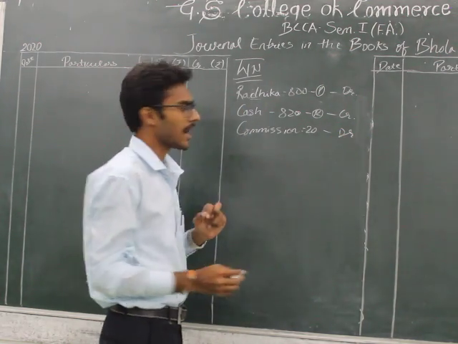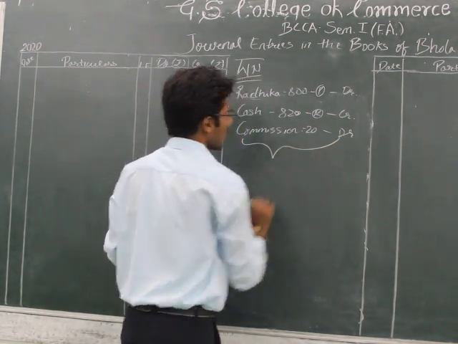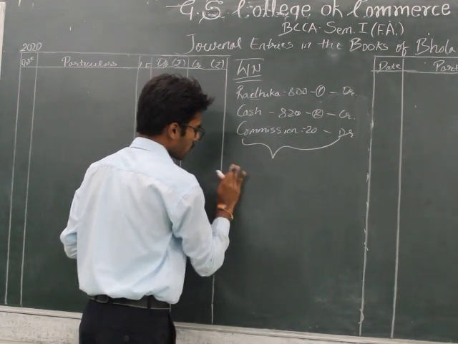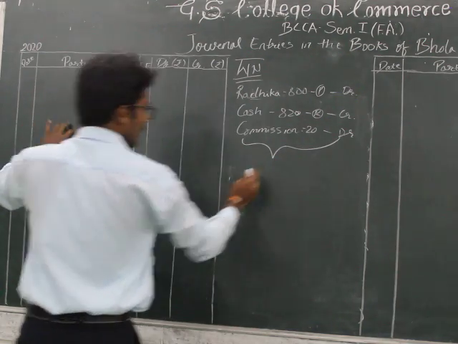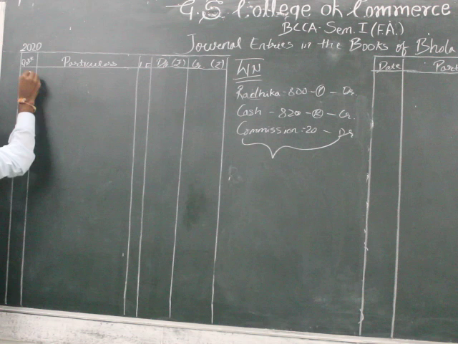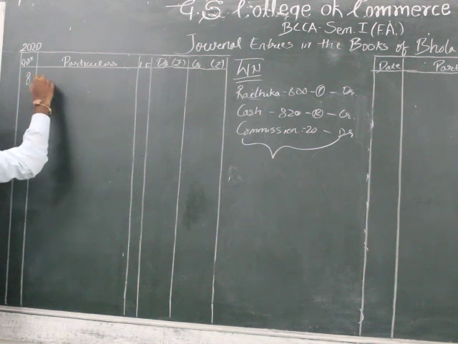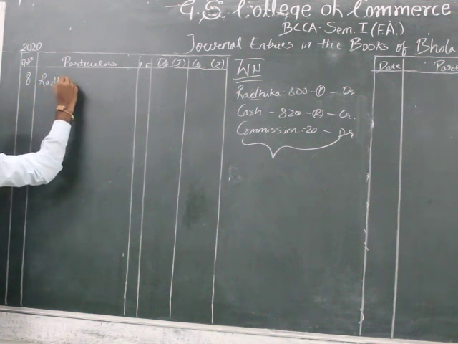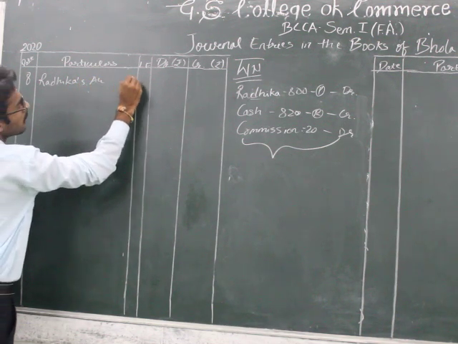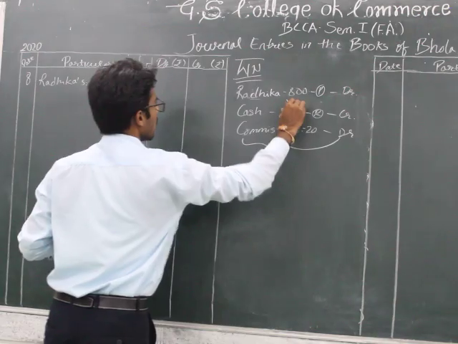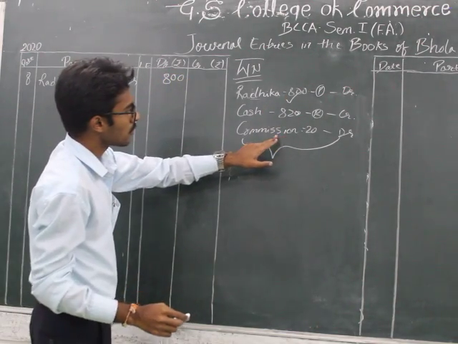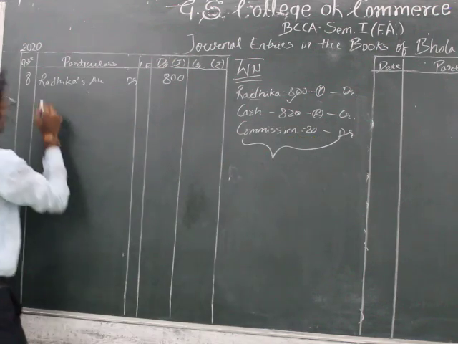So how can we write the journal entry for this transaction? You can see that here. This is on the 8th. So Radhika account will be debited with rupees 800, and the other amount of debit is commission.